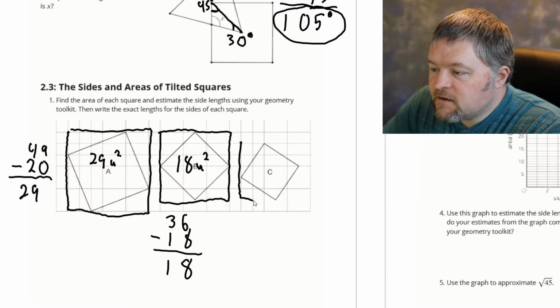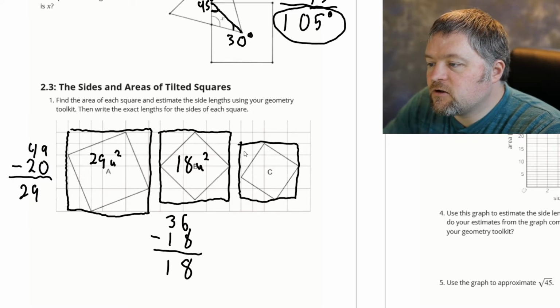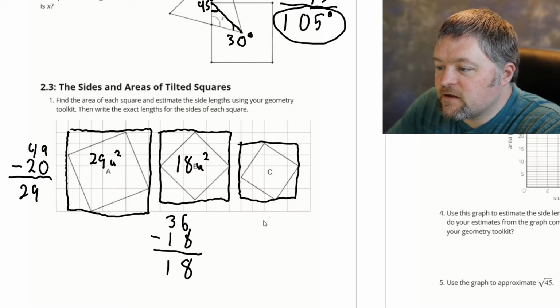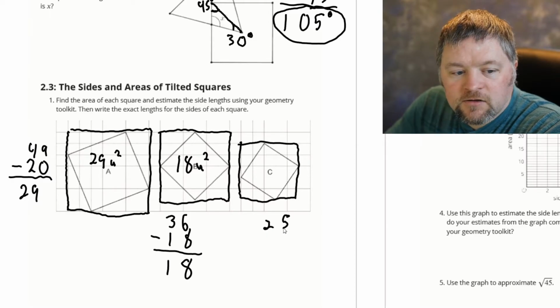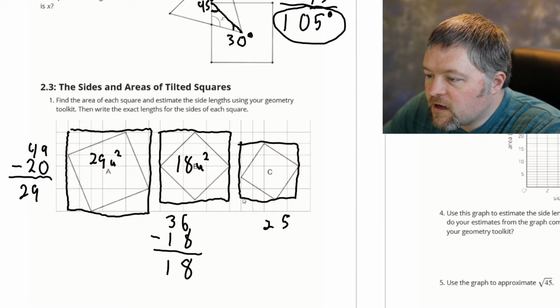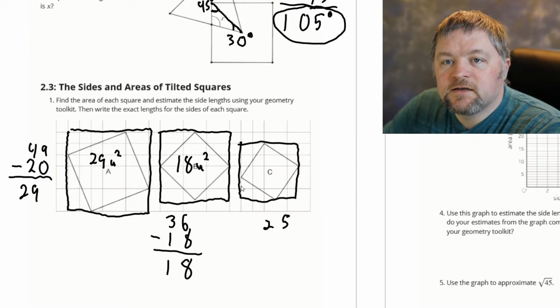Square C is enclosed in a 5 by 5 square. 5 times 5 is 25. These outer triangles are 3 units by 2 units. 3 times 2 is 6.